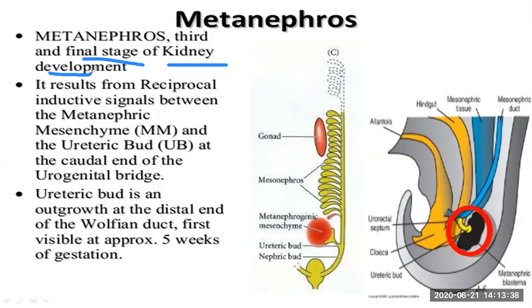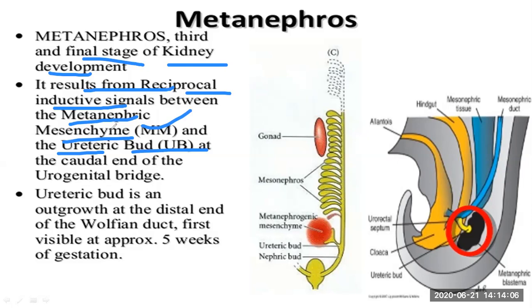So the metanephros is the third and final stage of kidney development, and it results from reciprocal inductive signals. It generally develops from the reciprocal induction signals between the metanephric mesenchyme and the ureteric bud. Mesenchyme means different mesenchyme cells, which are responsible for the formation of a particular organ.